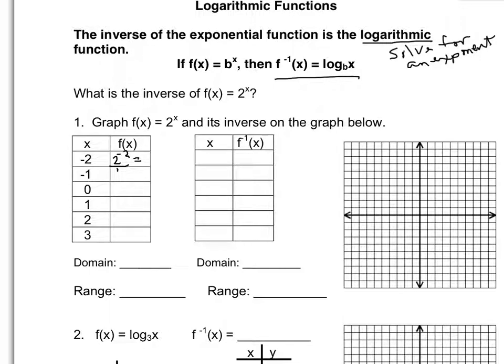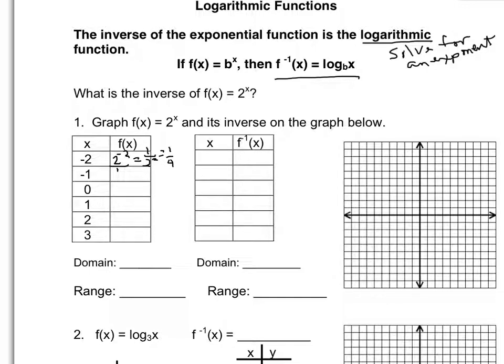In this case, it's going to go down to the denominator, and then I can write it with a positive exponent. So 2 to the -2 power is the same thing as 1 over 2 to the +2 power, and if I were to clean that up, that would give me the fraction 1/4.